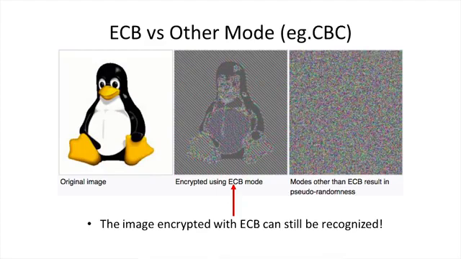When the encrypted image is displayed, we can see the contour, and the same color regions are shown, even though they're not exactly the same color values. The encrypted image on the right, on the other hand, uses another mode, and you cannot see any information in terms of contour and the shape of the image.